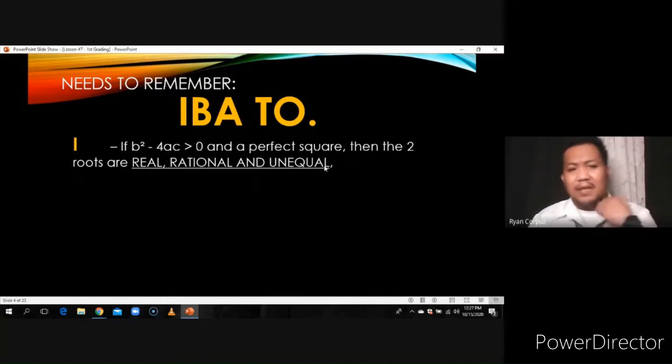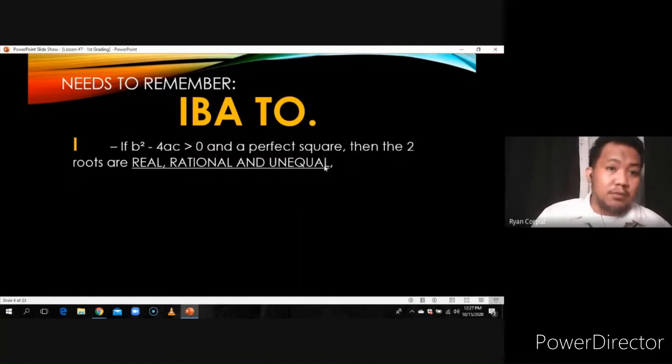So what does it mean? It means that the solutions that we are going to get when we solve the given quadratic equation are exact values. It can be whole numbers, it can be fractions. Basta it's an exact value. So that's what we mean by it.